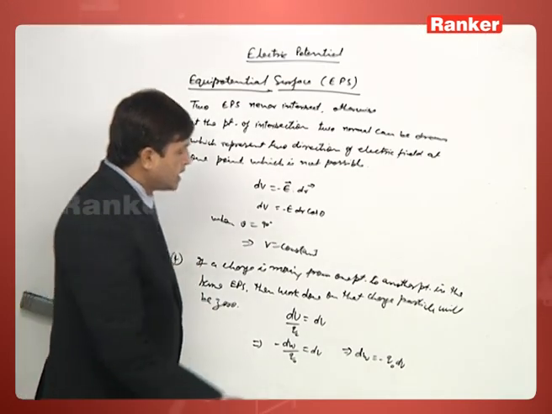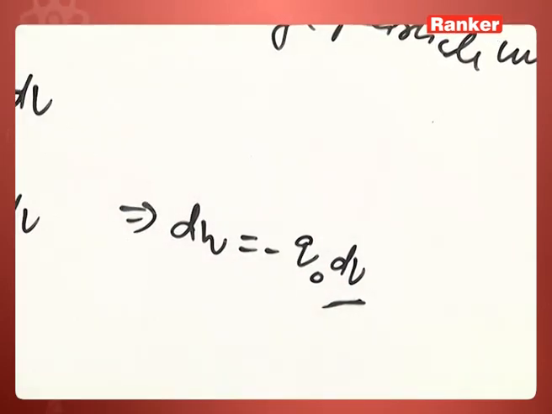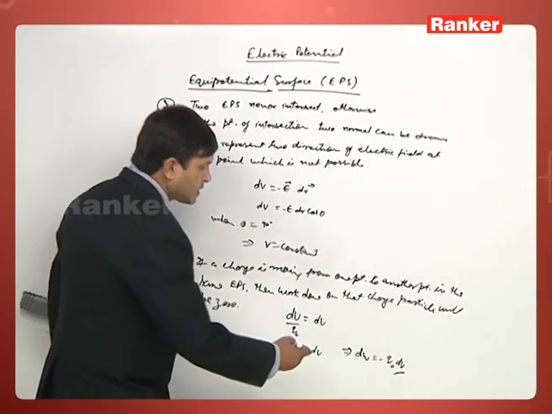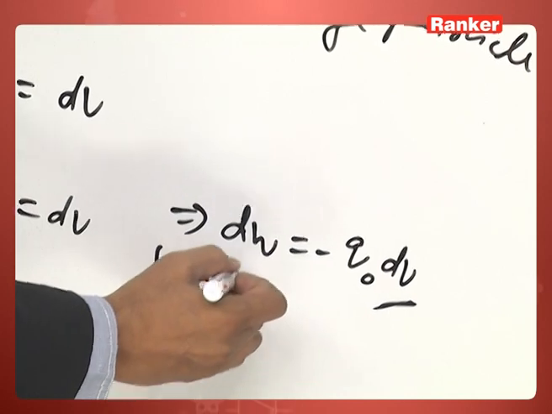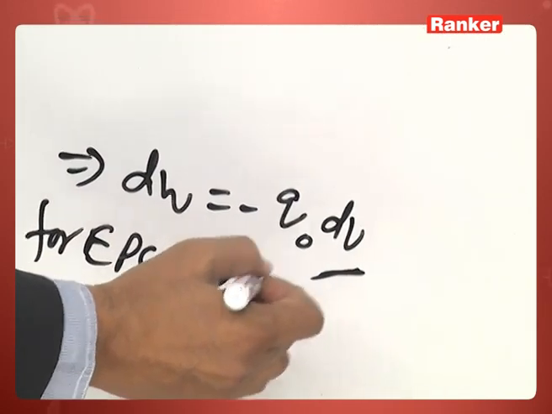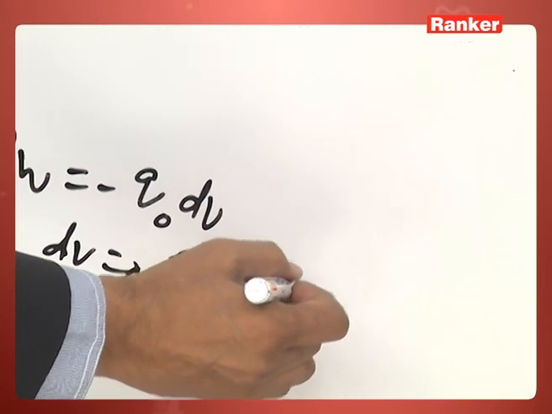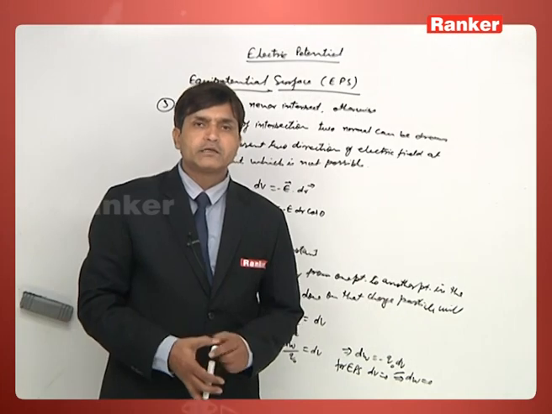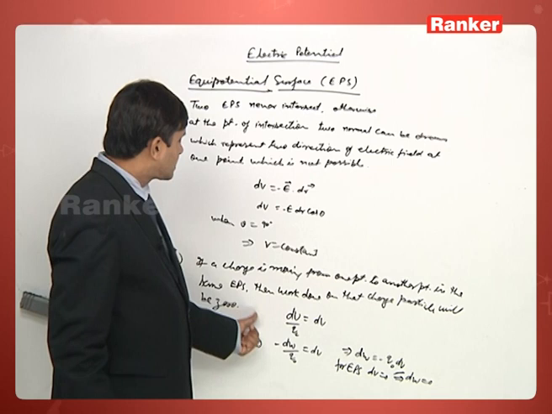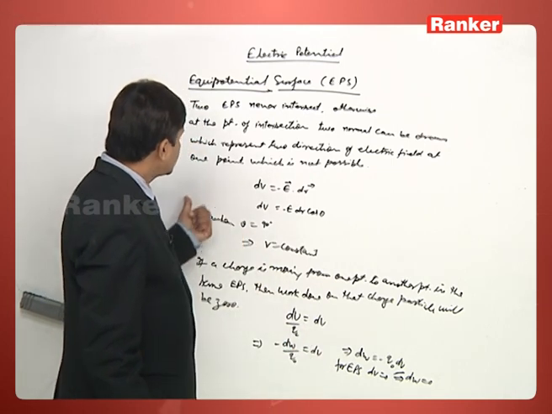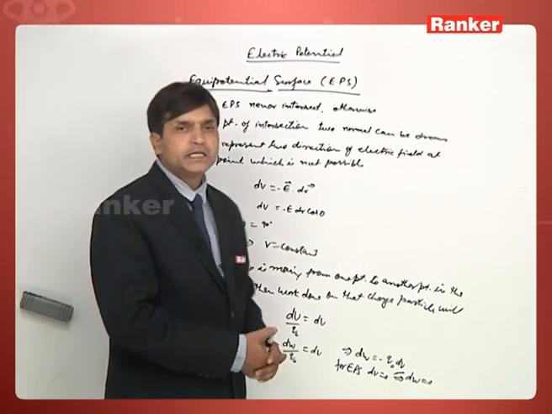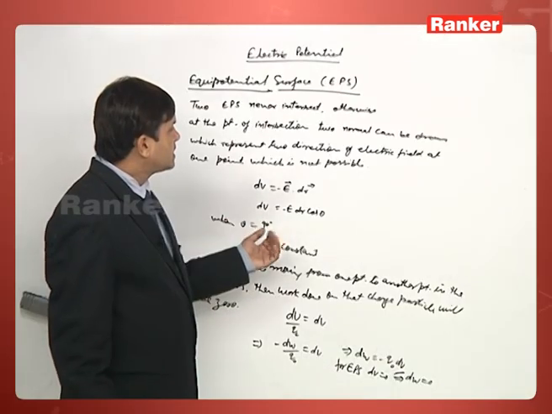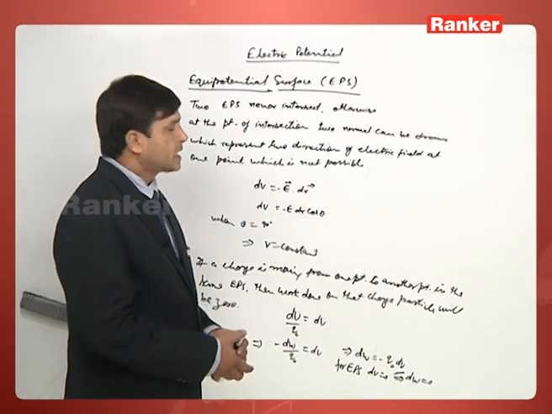Now, if a charged particle is moving on the same equipotential surface, dV will be 0. So for an EPS, dV will be 0, which gives us work done 0. It means if a charged particle is moving from one point to another on the same EPS, the work done on that charged particle will be 0. So these are the few major characteristics of equipotential surfaces, and that surface has been made to satisfy our electric field characteristic.